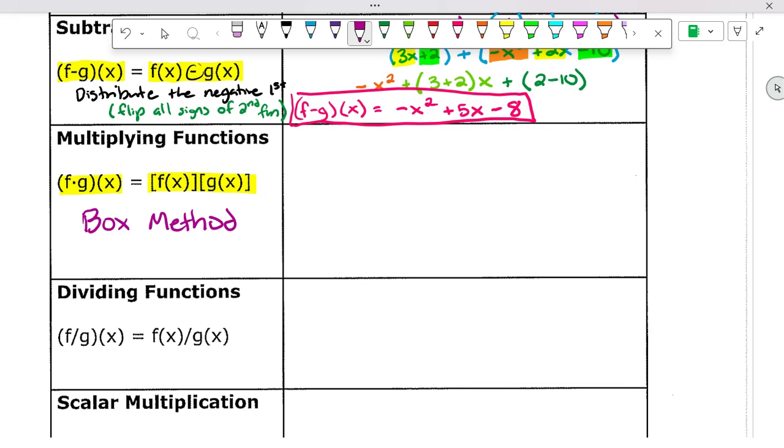So if I rewrite this, that means f times g of x. So I just rewrote it. I haven't done anything.